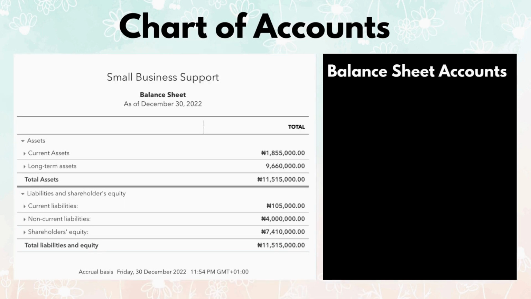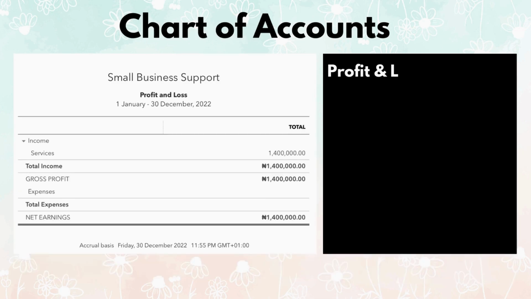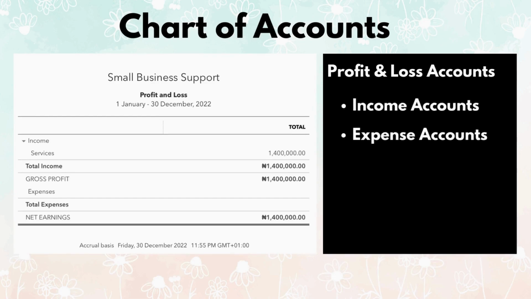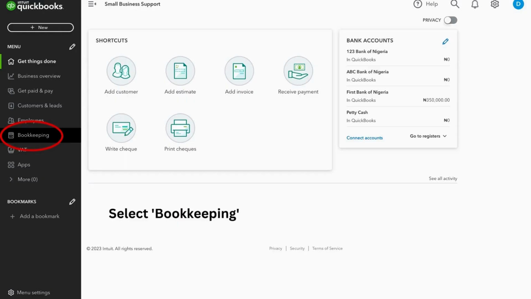The balance sheet accounts include all asset accounts, liability accounts, and owner equity accounts, while the profit and loss accounts are the income accounts and the expense accounts. Now let's go to QuickBooks very quickly and see how all of these come together.